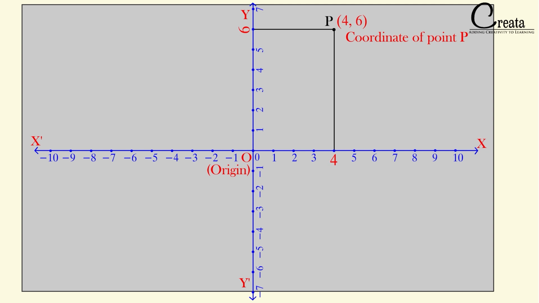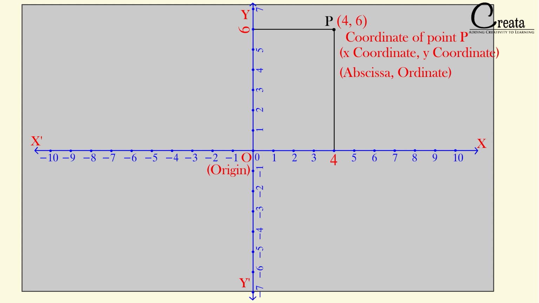Here 4 is the x coordinate and 6 is the y coordinate. The x coordinate is also known as the abscissa, and the y coordinate is known as the ordinate. These are the terms used for the x coordinate and y coordinate.